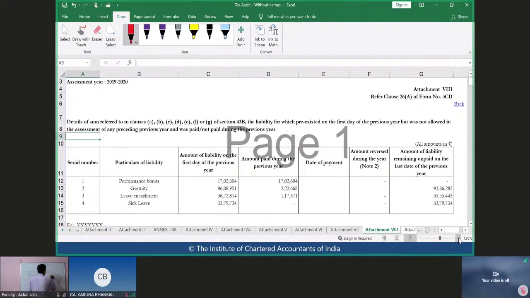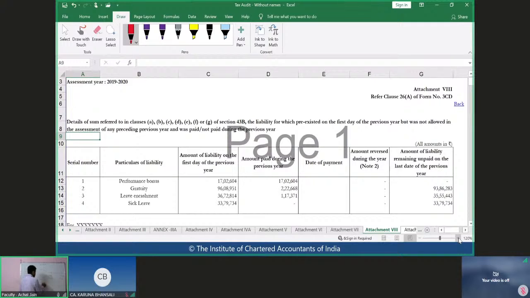So if we end the year over here, let's suppose this is 1st October 2020. And this liability, let's suppose, was 1000. So they are saying either some of this amount may have been paid.